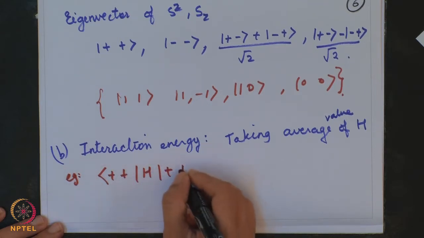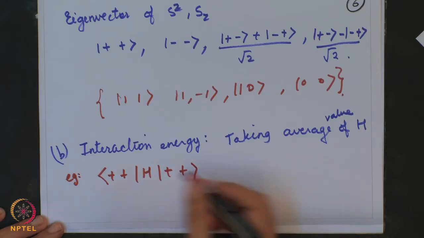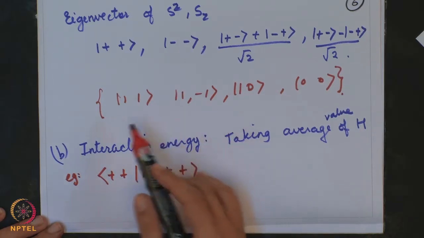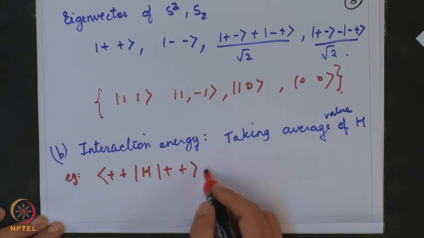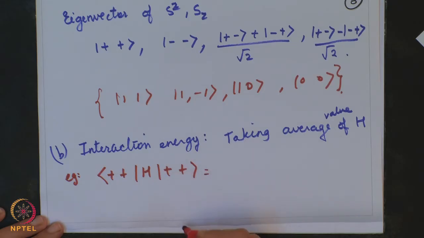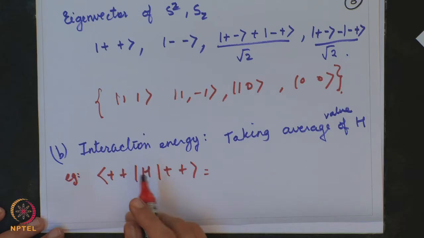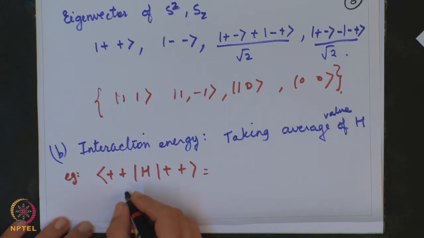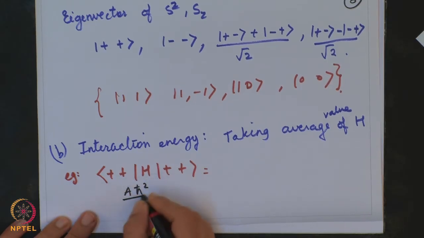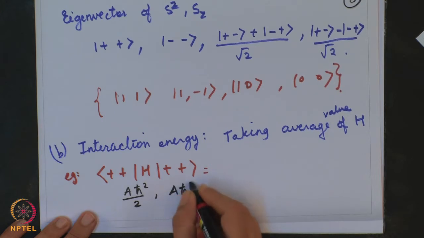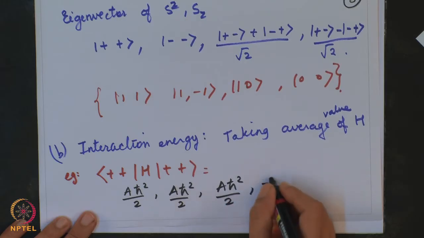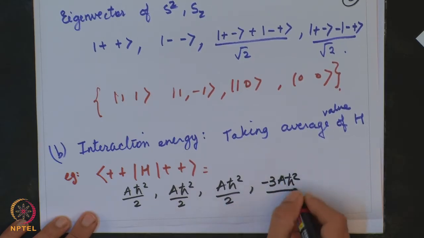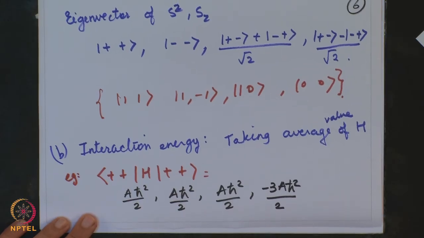You can try and obtain this, okay, either in terms of plus plus notation or in terms of these notation. This will give you one component. Similarly, you can calculate the other components and check whether you get the interaction energy as A h cross square by 2. This is just by inspection I am writing this, but you must check whether you get the same result.